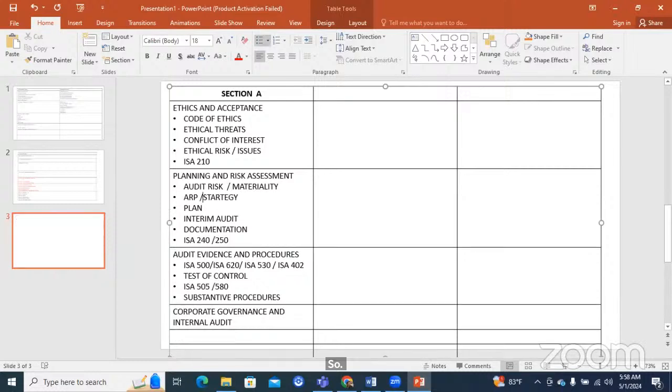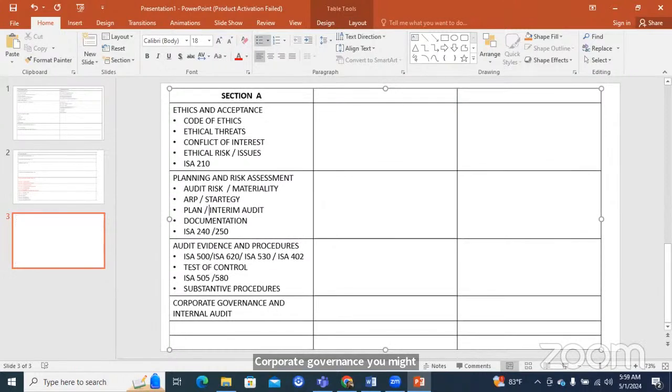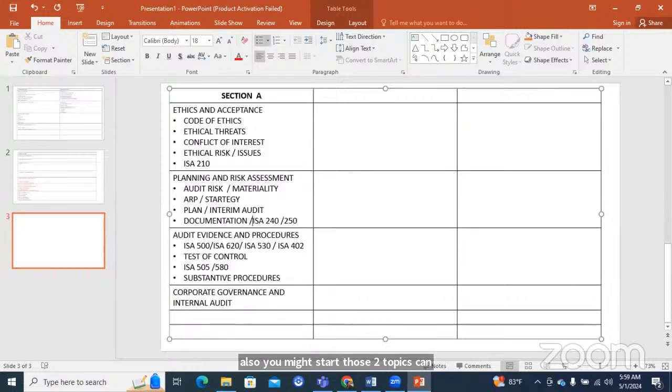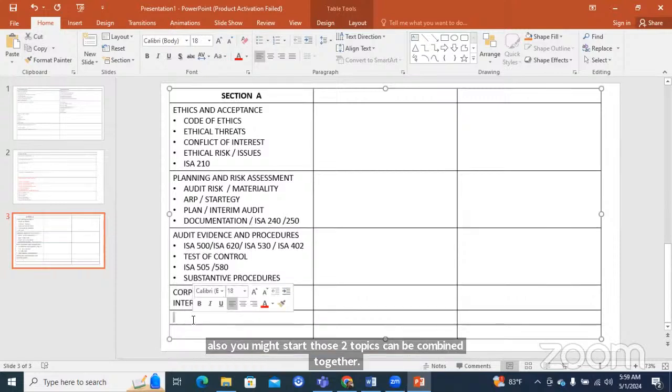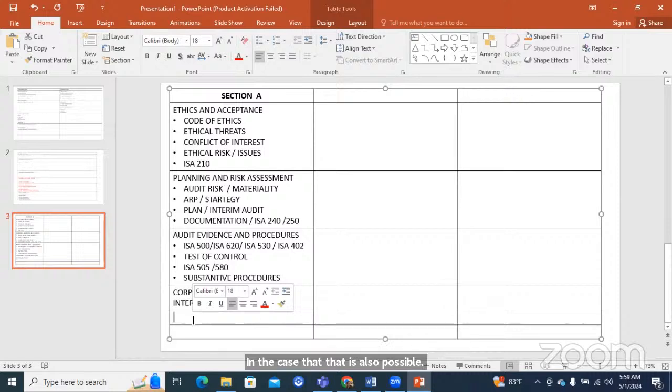Corporate governance you might study, and internal audit also you might study. Those two topics can be combined together in the case study. That is also possible. Last section A case study. I'm not telling all these things are definitely tested because only three cases are possible. I'm telling what is the possible combination of those cases.